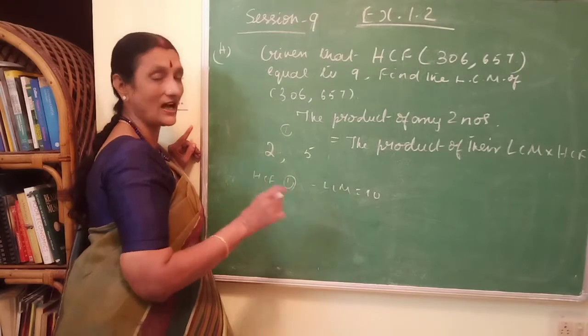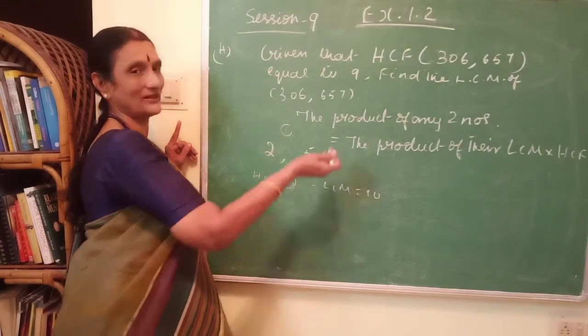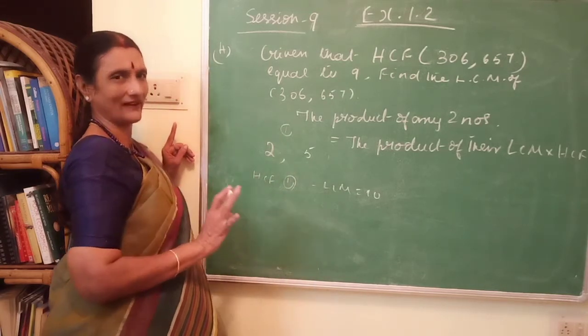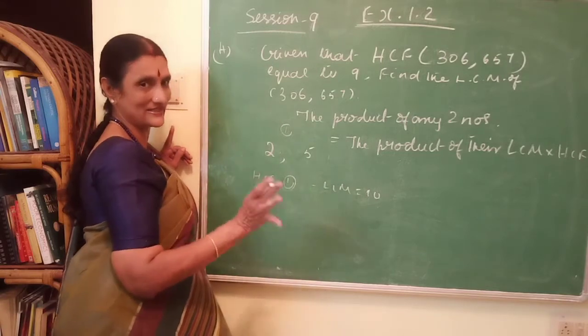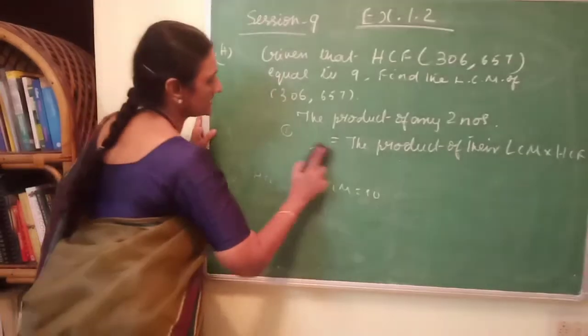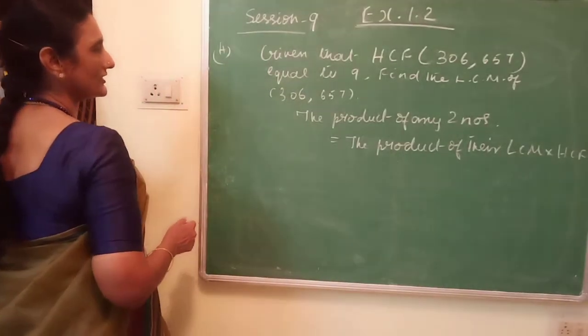So this is how you should always try to relate the concept that you are going to study. With small numbers you can try, and of course it is very simple. So you can easily understand if you are able to apply this in small numbers. So in this sum also we are going to do like this.